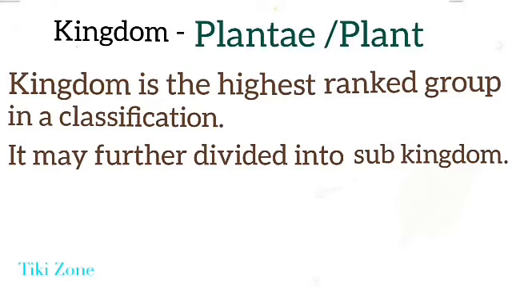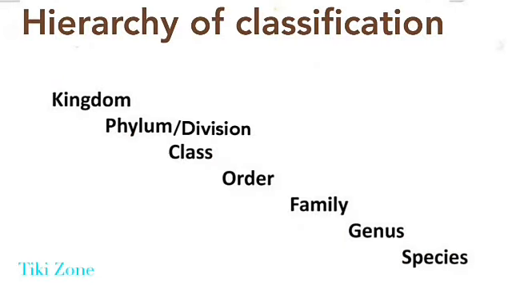It may be further divided into subkingdoms. In the hierarchy of classification, kingdom is the highest ranked group. Below the kingdom, plants are classified into divisions and animals are classified into phyla. Then the next lower ranks are class, order, family, genus and species.